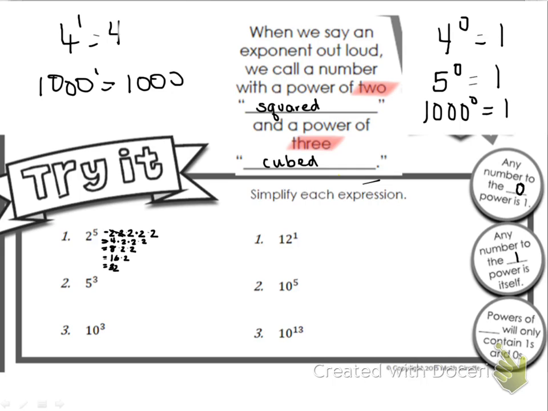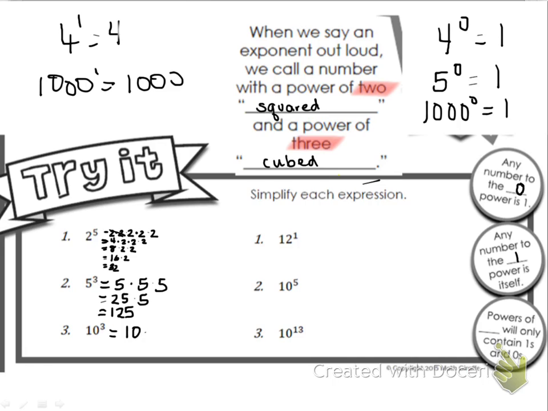Okay, now we're going to do the same thing with 5 to the power of 3. That is equal to 5 times 5 times 5, because we have it 3 times. Now 5 times 5 is 25. So 25 times 5 is actually 125. So that means 5 to the power of 3 is 125. Okay, now we have 10 to the power of 3.